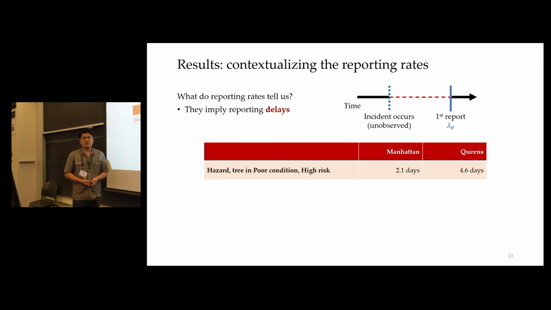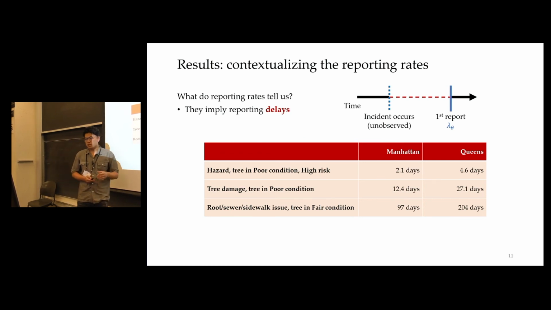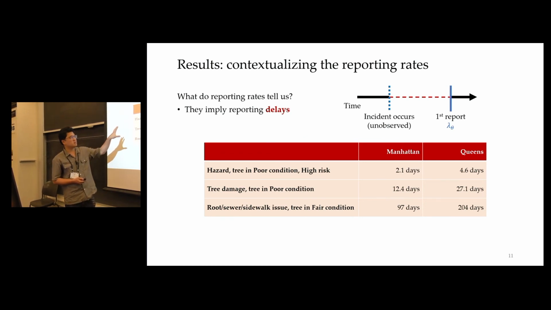This is very substantial in practice as we contextualize them here. So among different types of incidents in different neighborhoods, there is a substantial gap between this reporting delay. For example, in Manhattan, a hazard event might be reported just 2 days after it occurred. But in Queens, some other types of incident might take more than half a year to get reported.